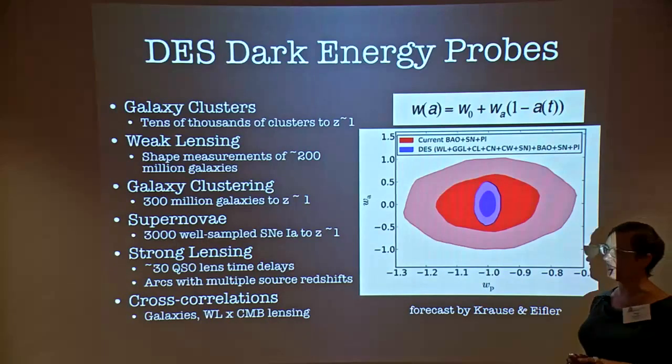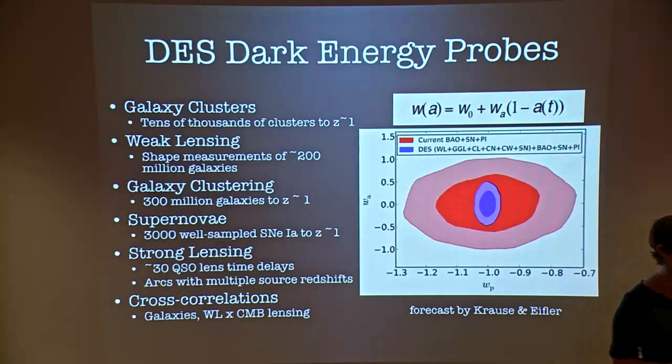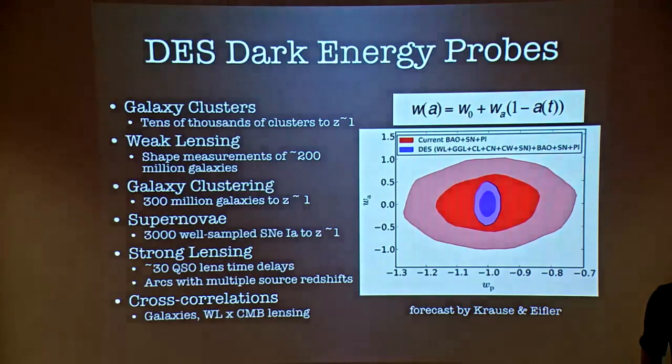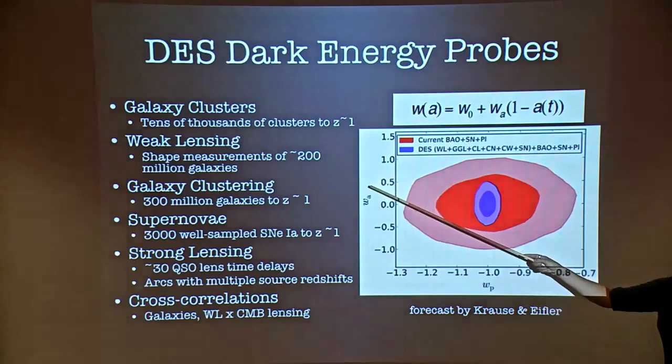And that tiny bit of bending actually changes the shapes of galaxies. So it's a very precise measurement that we're making. It's a tiny effect, but we luckily have 200 million objects to measure it on.